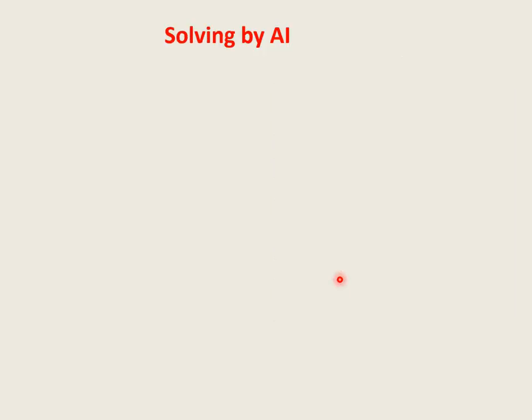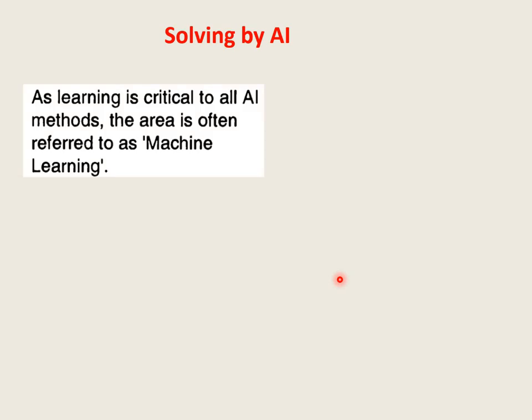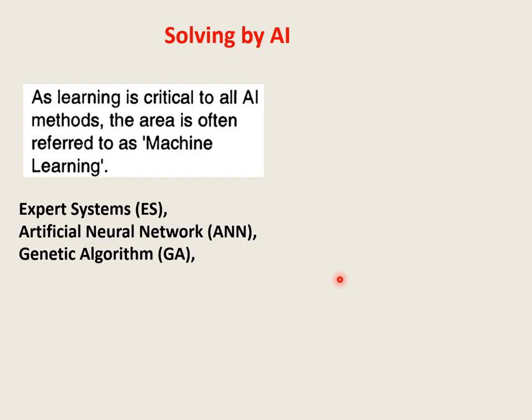Okay. Now it's time for solving by AI. As you know, learning is critical to all AI methods, so the area is often referred to as machine learning. There are actually many examples: expert systems, neural networks, genetic algorithms, and so on.